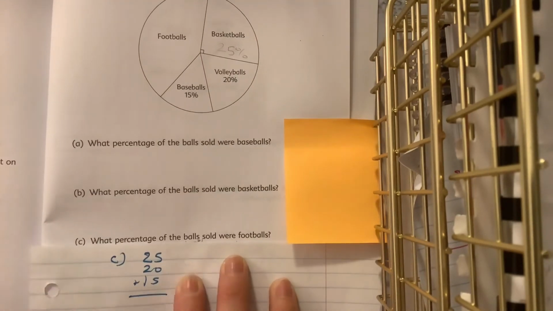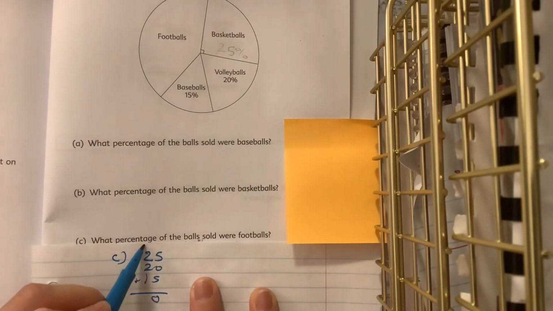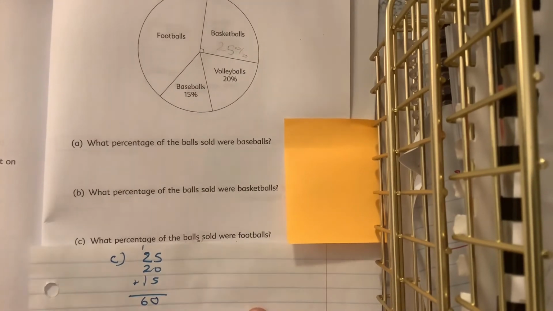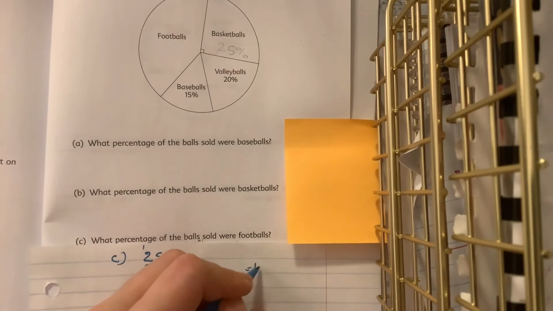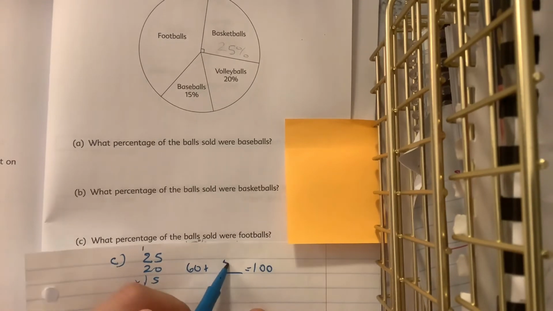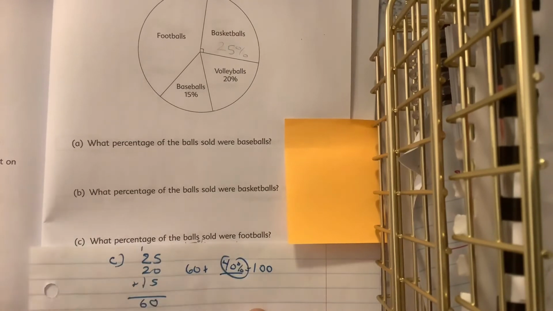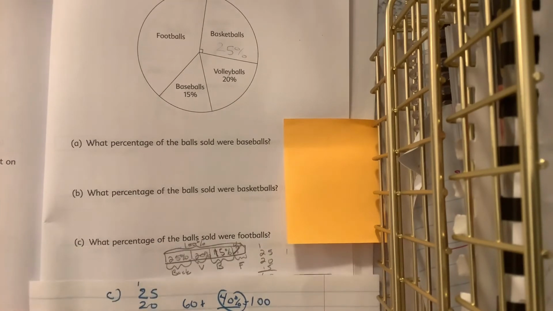We add our known. 5 plus 5 is 10. And then we add the remainder to get 60. So our known adds up to 60. So we say 60 plus what equals 100? 60 plus 40, which means what percent were footballs? 40% were footballs. Great. We're going to see a little work I did last year.